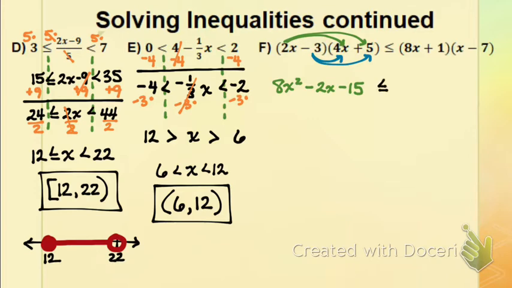Bring down my inequality here, and we need to double distribute over here as well. And so I end up with 8x squared minus 55x minus 7.